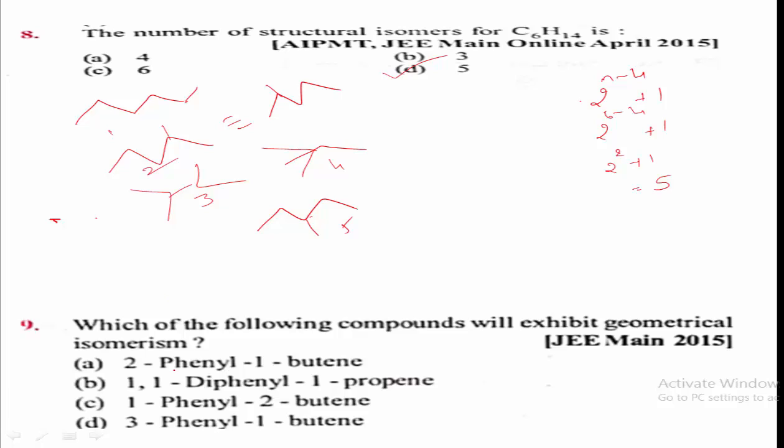When you write the given structures carefully, A and B do not show geometrical isomerism. But when you come to the point of C, what is that? 1-phenyl 2-butene.